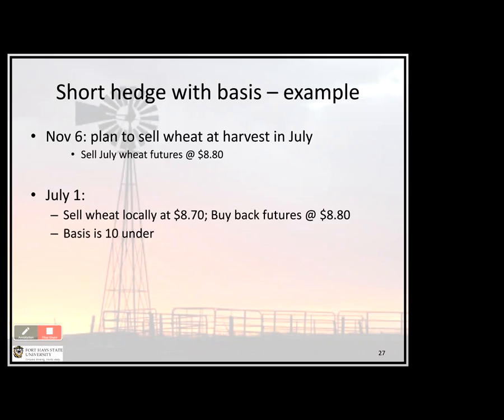That works great, but it's maybe not quite as logical as looking at it this way. I sold my wheat for 870 locally, to Hays Co-op. So 870 cash. Then the question is, how do I do on this futures transaction? We have a cash market and a futures market. In the futures market, I sold at 880 and then bought back at 880, so I came out zero. I didn't profit or lose any money on that futures transaction. So my net sales price is 870.